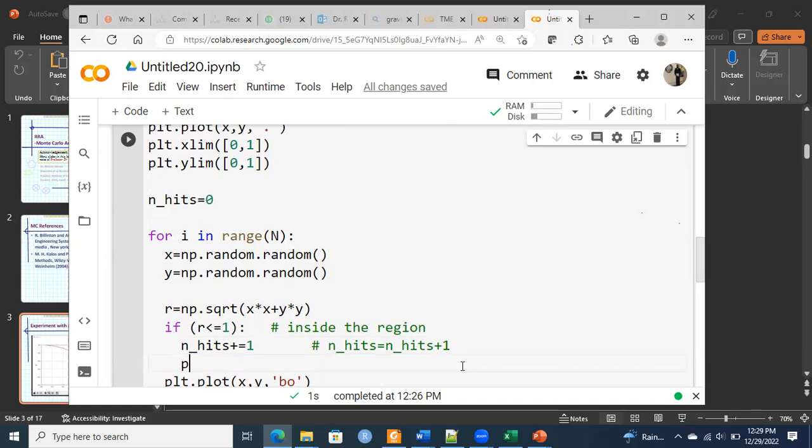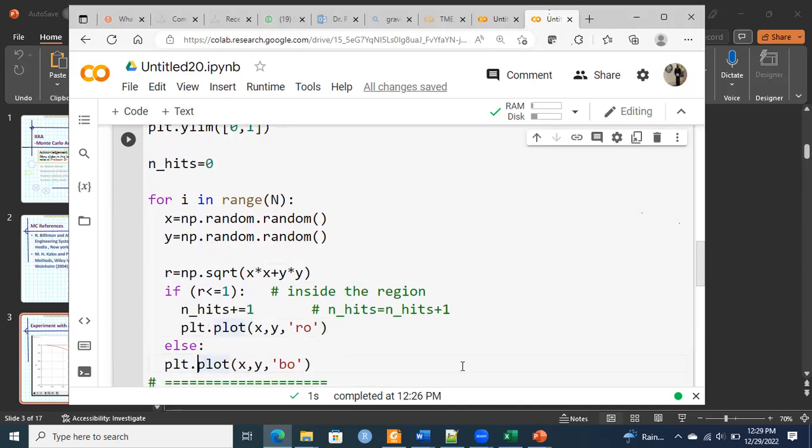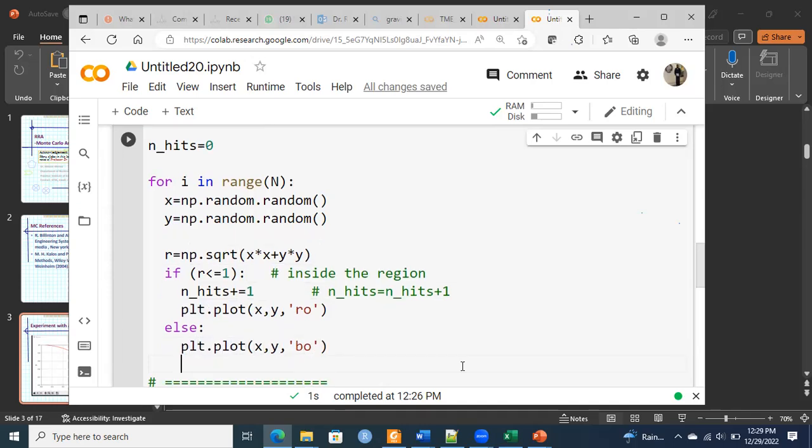Now if it is a hit, then plot this one as a red circle, and else plot this one as a blue one. Make this distinction so that we can see that clearly. This is the end of the loop, the end of the if structure, the end of the for structure.